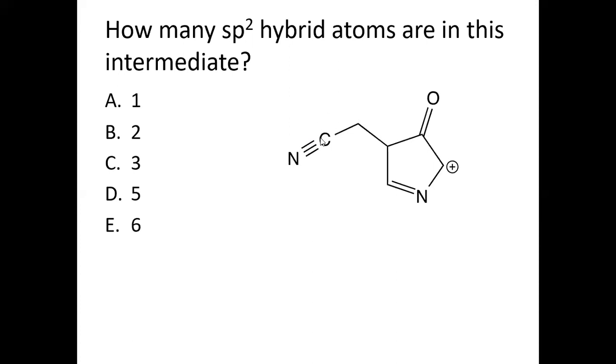So sp, sp, sp3, sp3, 1, 2, 3, sp2. 1, and then the 2 lone pairs, sp2, sp2, sp2, sp2. So if you have one double bond, you're most likely going to be sp2. Does that make sense? So basically 1, 2, 3, 4, 5. This is just the idea. All right.